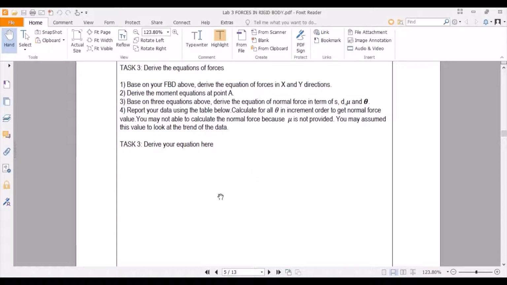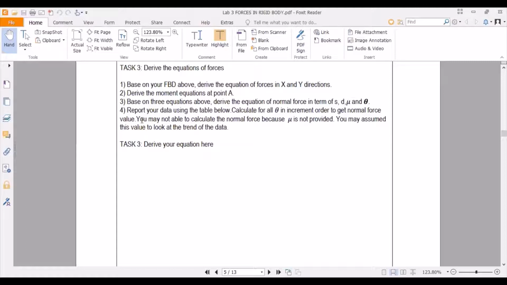Derive the moment equation at point A. Then, based on the 3 equations above, derive the equation of normal force in terms of S, the distance D from the weight to point A, mu the friction coefficient, and theta, the angle of the beam or truss.